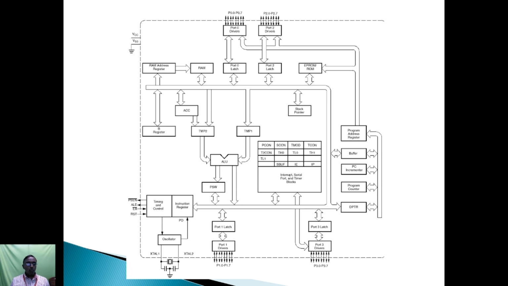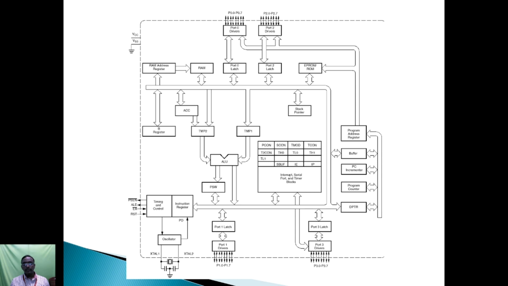Next one is the oscillator. We already discussed the oscillator. XTAL1 and XTAL2 are the two crystal pins. They produce oscillation. Next one is DPTR.